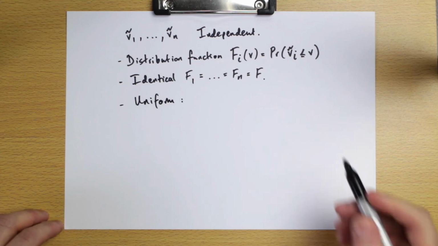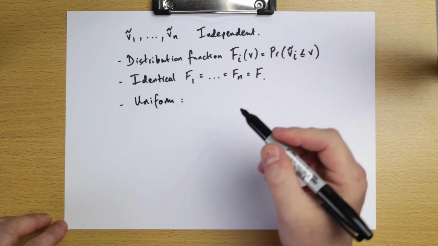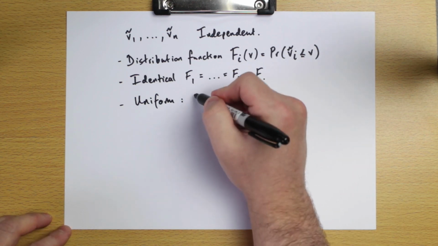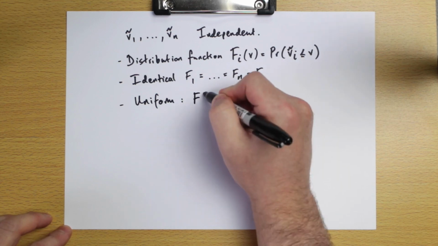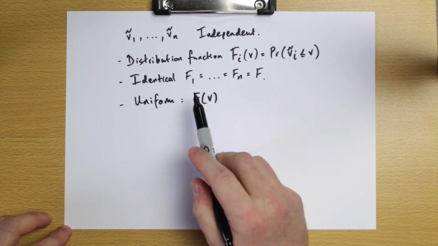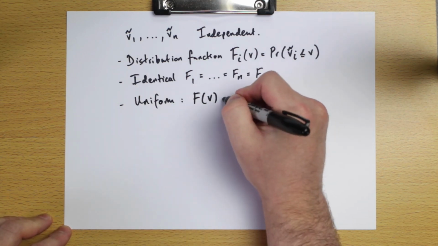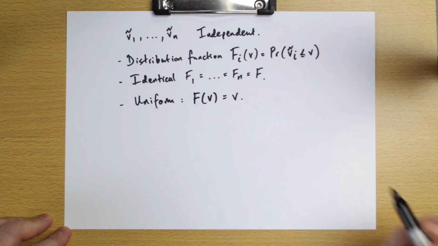We've seen the uniform distribution before. There's a video in the lecture 3 material, on adverse selection, which says the distribution function looks like this. The probability that one of these random variables takes a value less than or equal to v is simply equal to v itself.